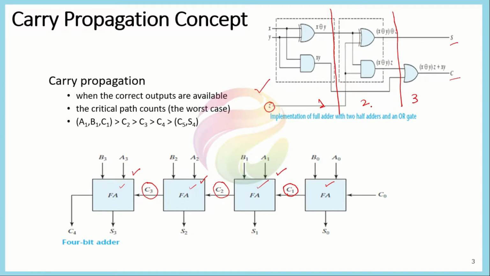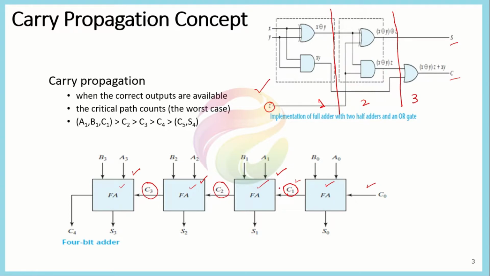It would require 2 more levels, means 2 more unit delays, because it has to be AND here, and then that result would require another OR here. So for carry to be generated from input to output, we may need about 2 delays for carry to move from this part to this part.